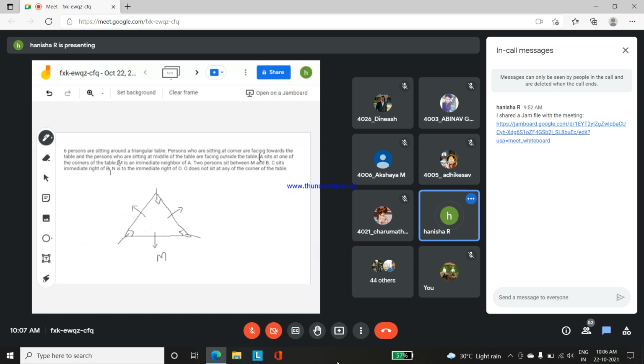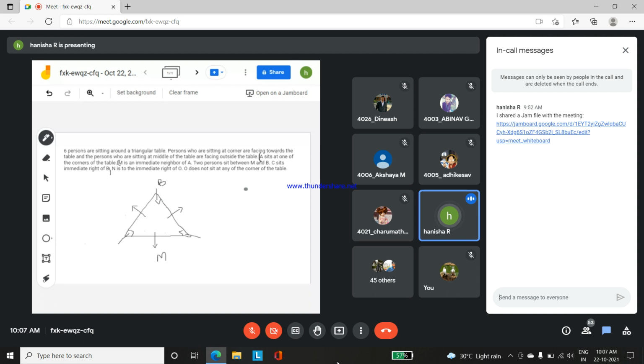Even if you look at this side or that side, both sides you have two persons in between them. So B will be over here. Between M and B, you have two persons on both sides. So M and B are fixed.